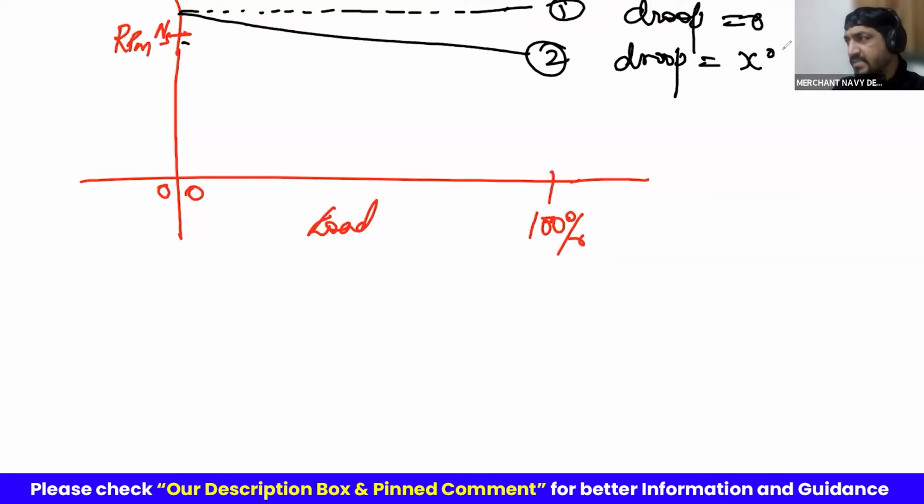Droop is X%. What does it mean? That means you deliberately want a situation that when the load increases on the generator, the RPM should reduce. Not too much, but slightly you want reduction. When the load increases, the RPM should drop. This is the droop we're talking about. This should not be too great, but there's a set drop that you want to have.